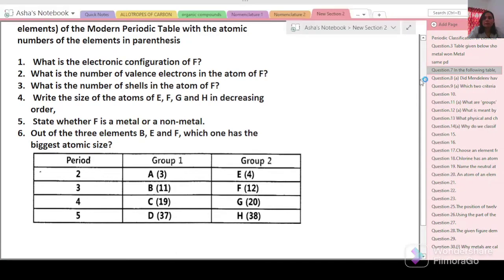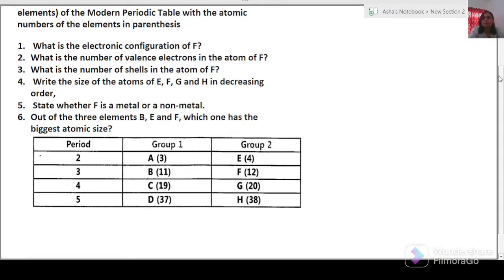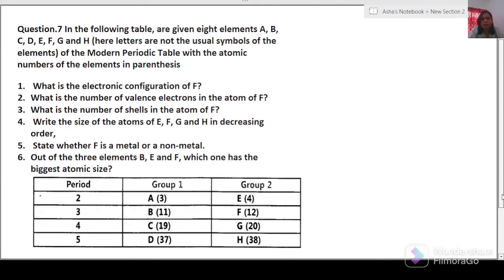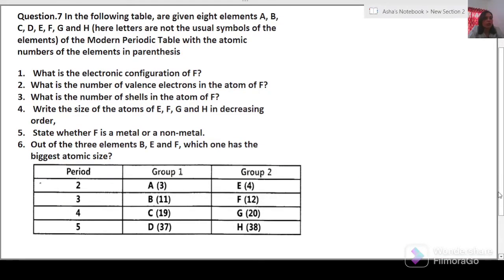In the following table, there are 8 elements A, B, C, D, E, F, G, H. Here letters are not the usual symbols of the elements of the modern periodic table, with the atomic numbers of the elements in parenthesis, that is in the bracket they have mentioned, right? Now this is the portion which they have given. They have mentioned group 1 and group 2, and these are the symbols of the elements which they have used, and inside the bracket they have written their atomic numbers.